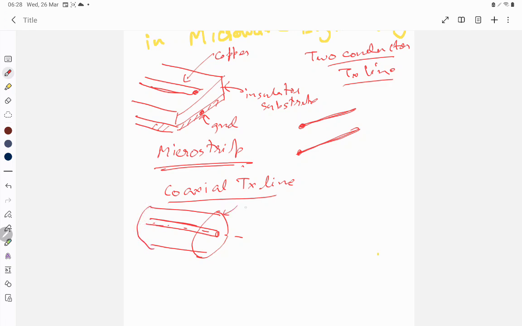So these are both conductors, conductor 2 and conductor 1, and in between this space is filled with some kind of insulator. It can be air also, but it is filled with some kind of insulator. In many cases it is Teflon.